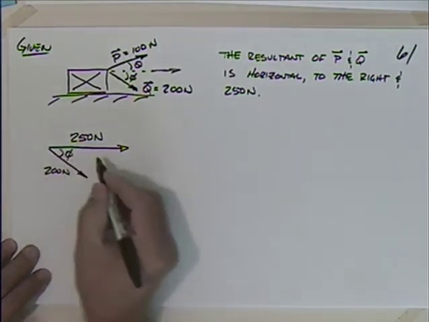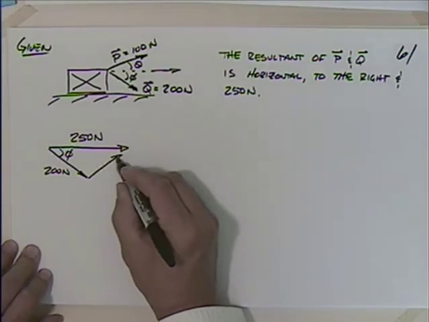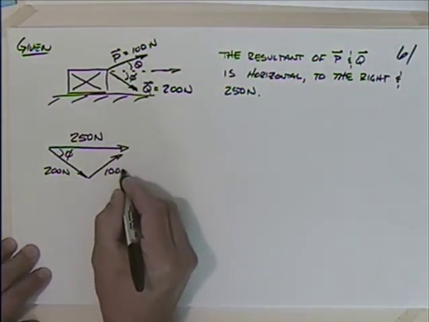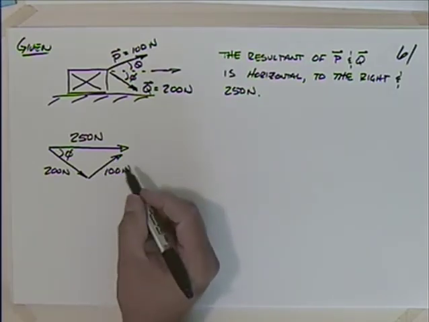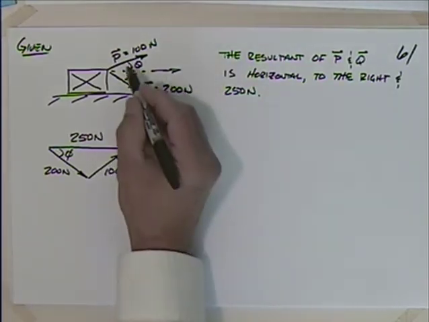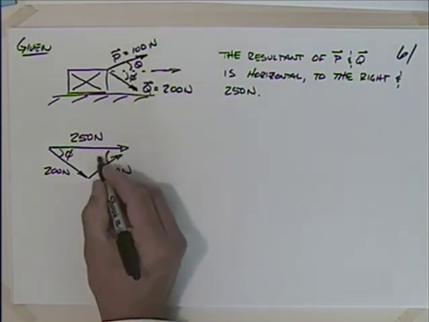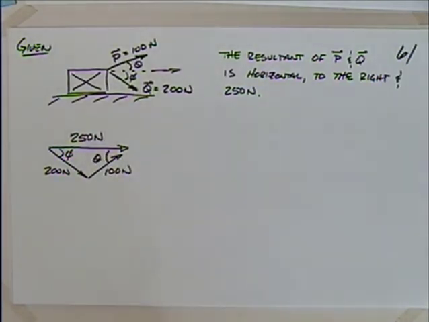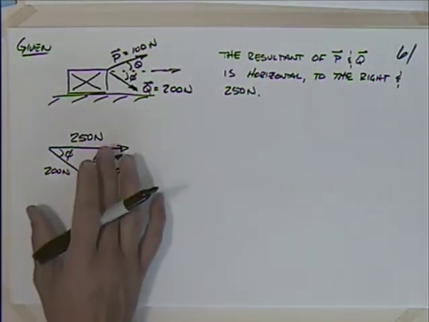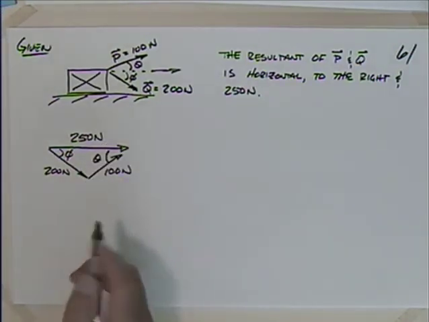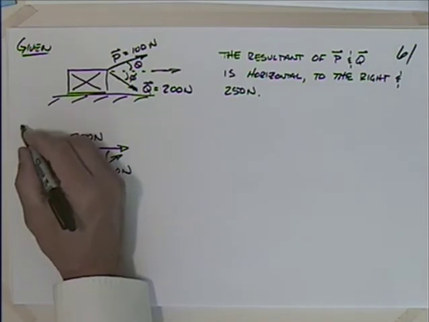There's the angle phi, and we add that tip to tail to P, which we said was 100 newtons, and I haven't drawn this to a very good scale. You could scale it out if you wanted to. But this angle in here would be the same as that angle in there, wouldn't it? So we have theta in there. So we're set up nicely with this diagram, and even if we were to do the algebra approach first, this diagram might be kind of handy. But since we've got this diagram here, let's look at the geometry approach.